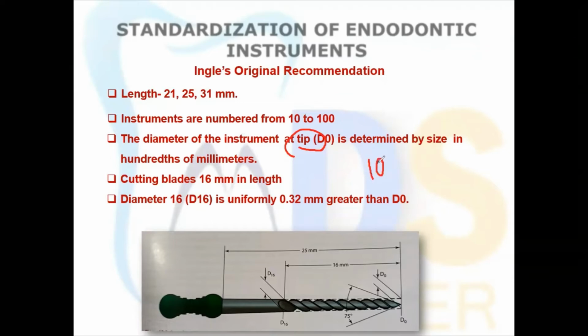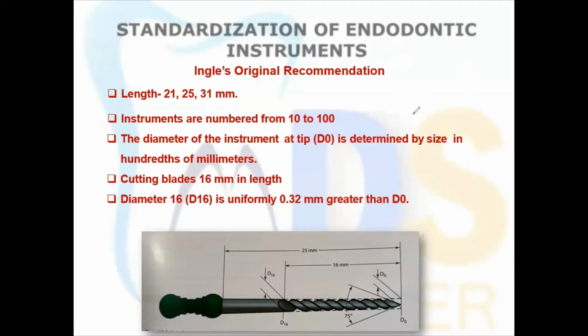As this file has the number 10, the tip diameter of this file should be represented in hundredths of millimeters. That can be written as 10 by 100. That gives 0.10 mm. I hope you're clear. If there is any confusion, let's take another example.